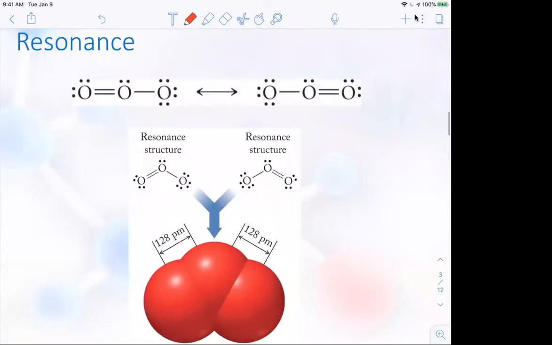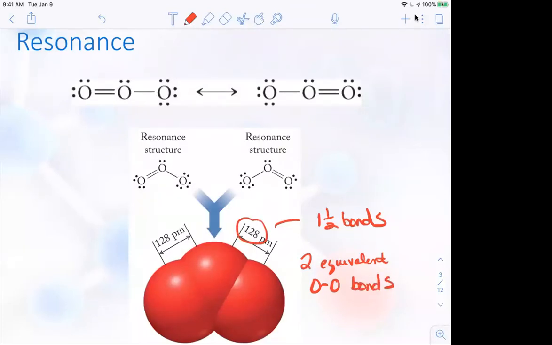When I look at this, basically I have a bond and a half between each of the oxygens within the ozone. So I have two equivalent bonds, as you can tell, because the bond length is the same in both cases. And basically the hybrid is somewhere in between those two structures, and that's what we actually see physically in nature.